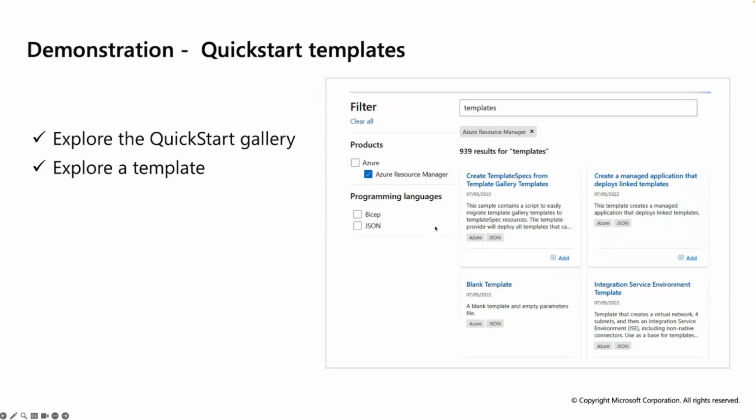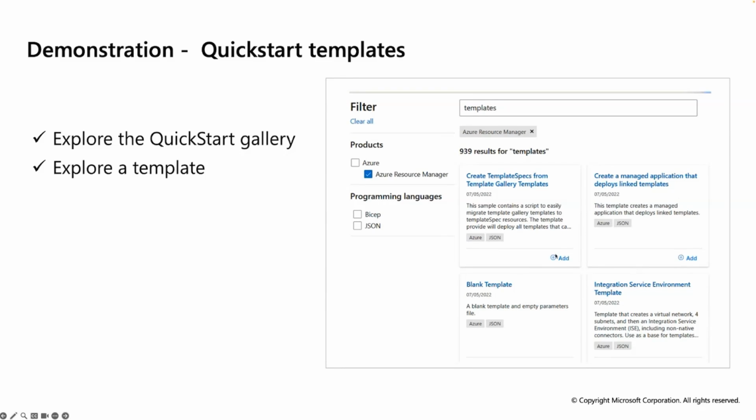You can create a number of things using a template. You can spin up some applications for trial or learning purposes. Go to Quick Start Gallery and then select Azure Resource Manager, and you should be able to view a number of predefined templates added by either Microsoft or someone else.